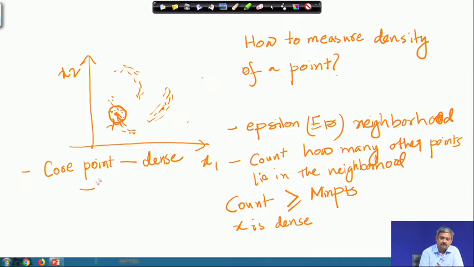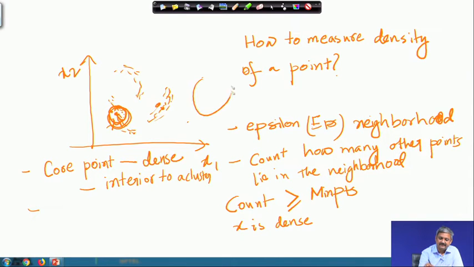They are usually points which are inside a cluster. But there may be points which are themselves not dense, but they are inside a ball, inside a sphere of another dense point.